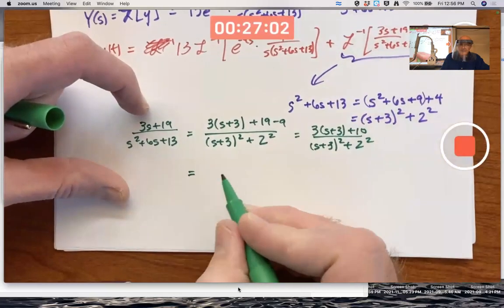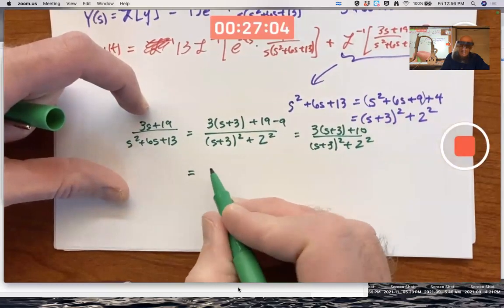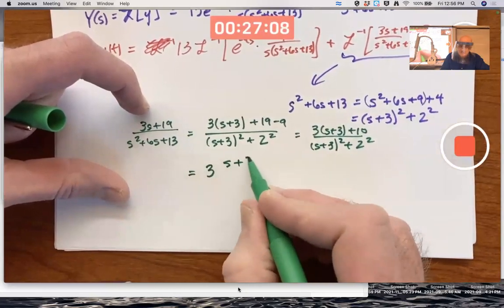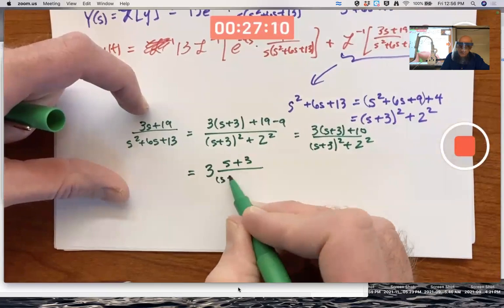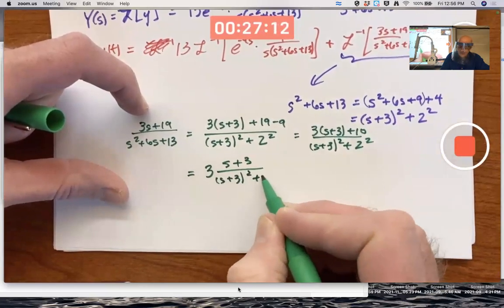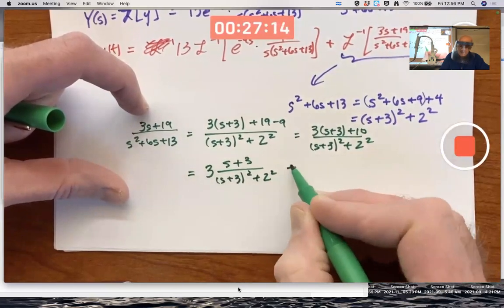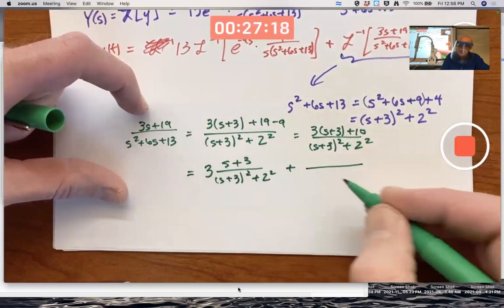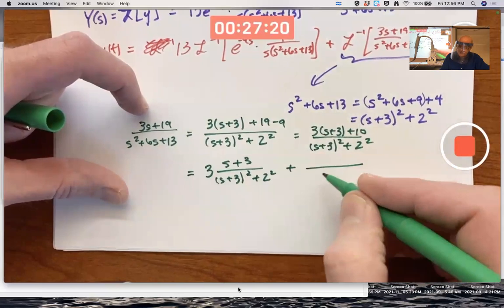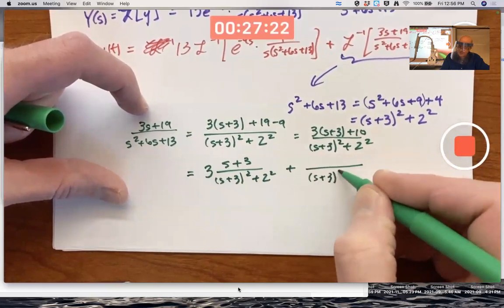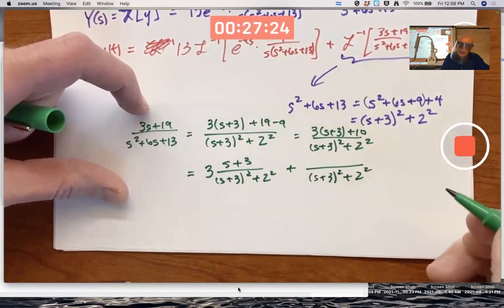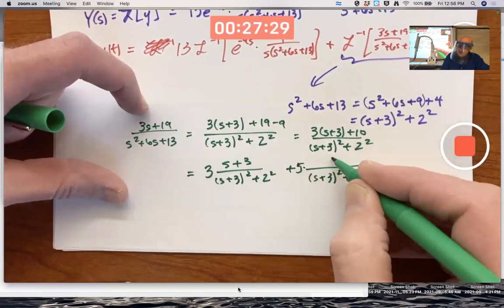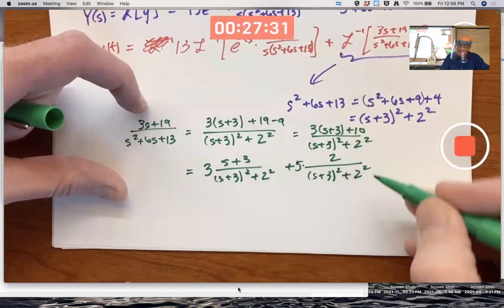I could rewrite this as 3 times the fraction s plus 3 over s plus 3 squared plus 2 squared, plus 10 over s plus 3 squared plus 2 squared. But I'm going to think of the 10 not as 10, but as 5 times 2, so that the 2 there matches the 2 there.